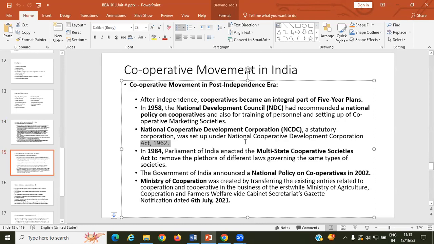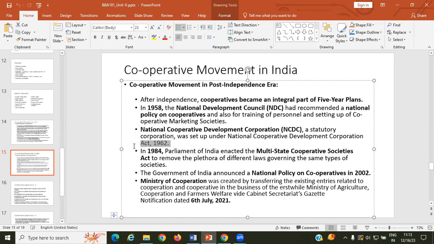Cooperative activity happened in India before and after independence. Then we'll understand the different touch points or interfaces, how government is interacting and talking to different people or different cooperative societies. What different actions is the government taking?